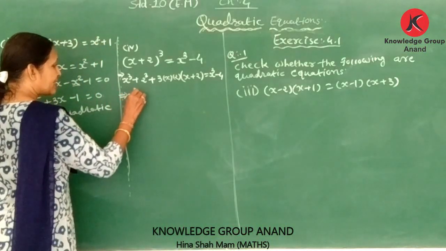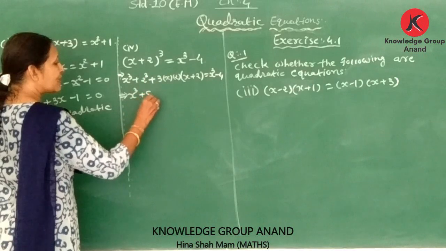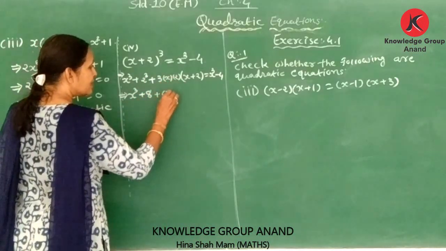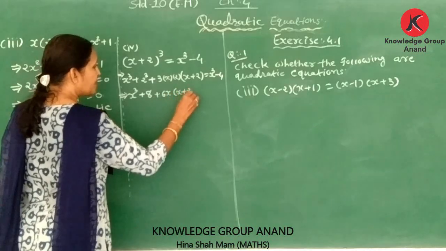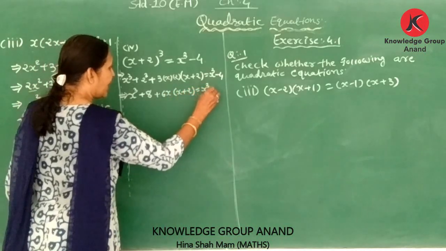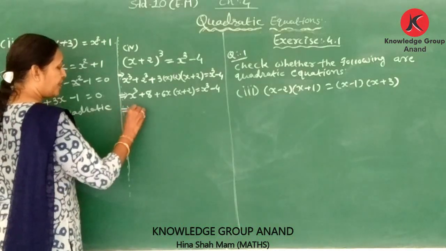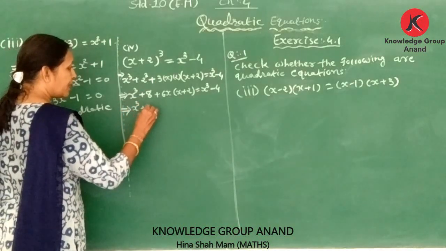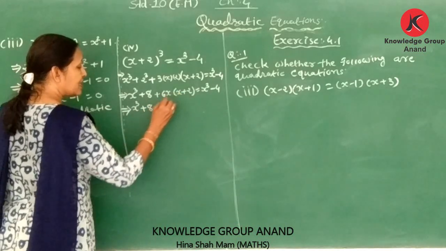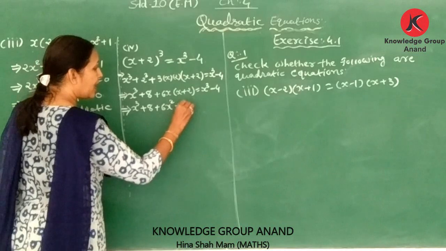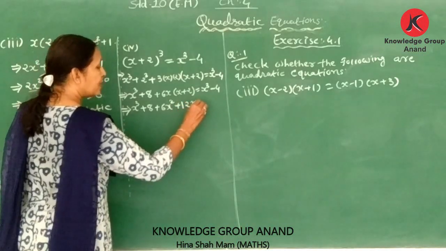x cube plus 2 cube is equal to 8, plus 3 twos are 6x, into x plus 2, is equal to x cube minus 4. x cube plus 6x into x, 6x square, plus 6 twos are 12x.